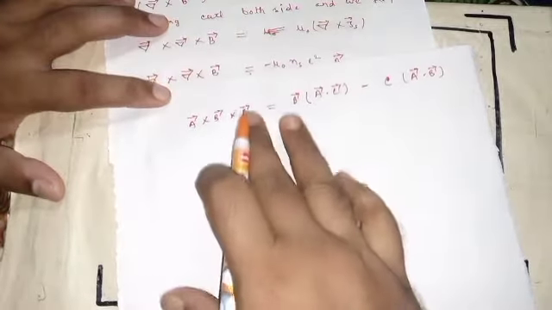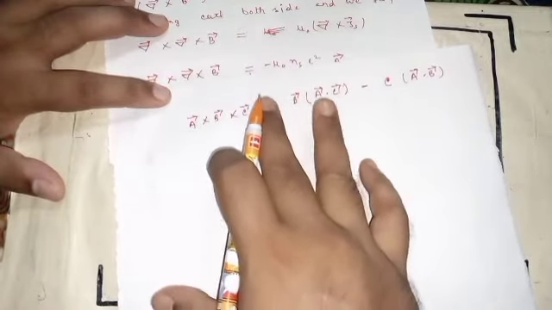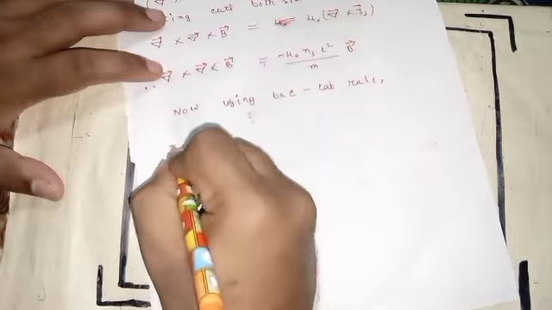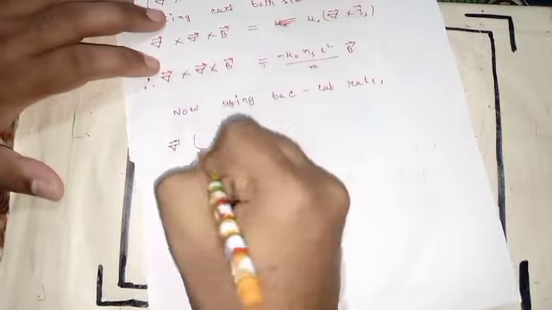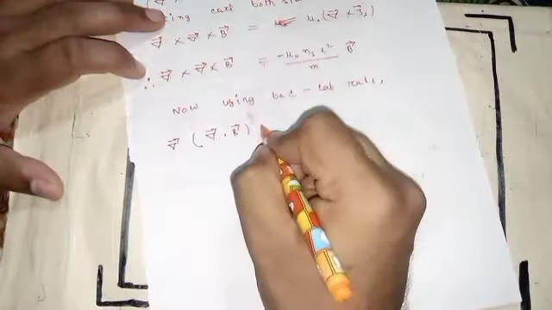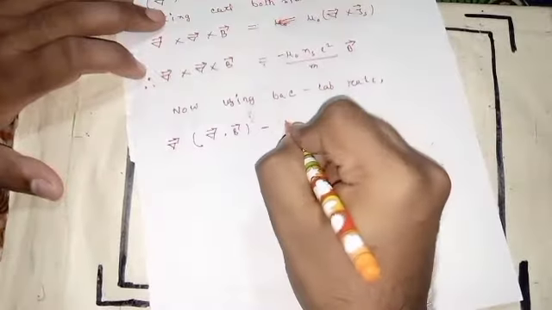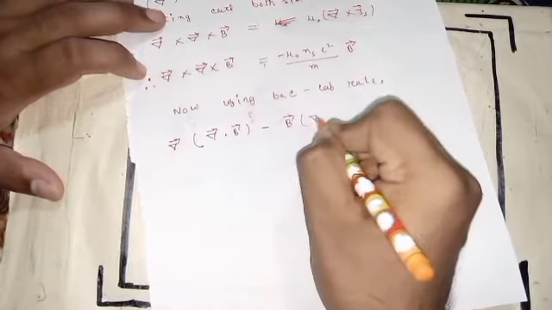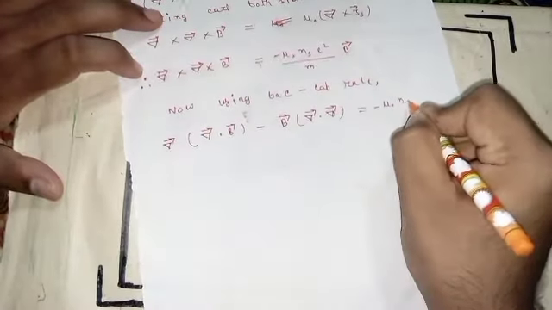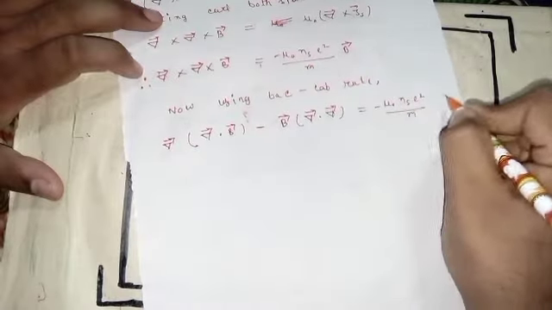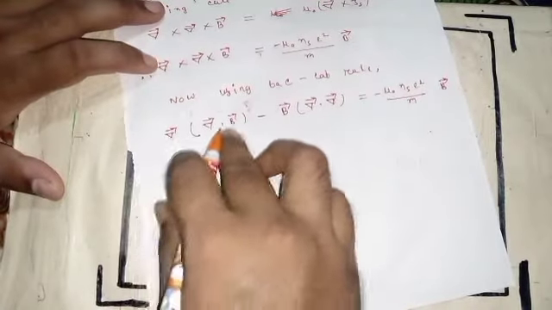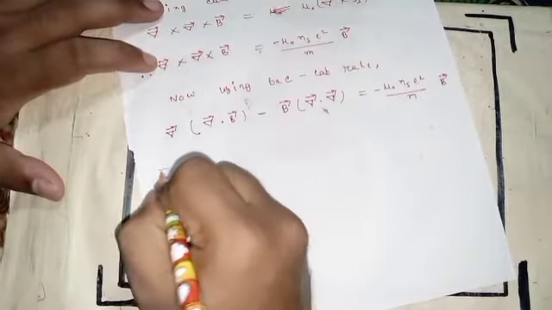So now we simply substitute this formula here, and we get, where del is the del operator, grad of divergence of B minus del square B, equals minus mu naught ns e square by m B vector. But we know this value will be 0.